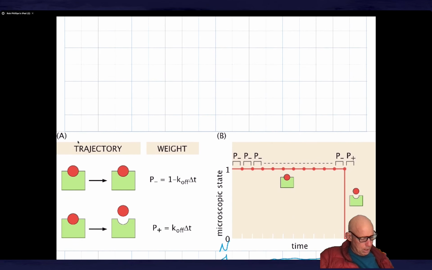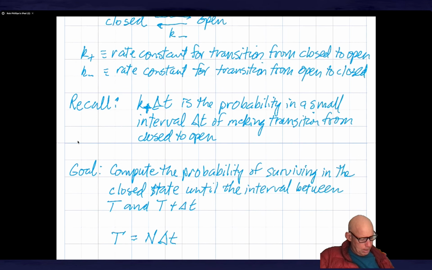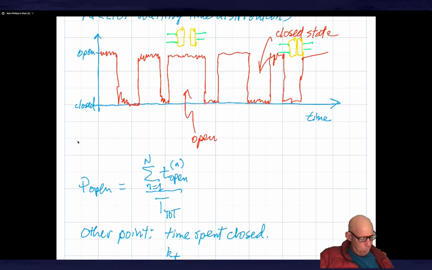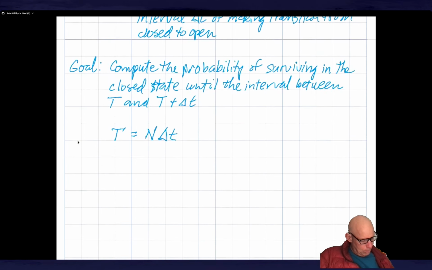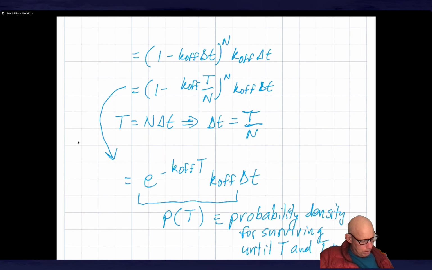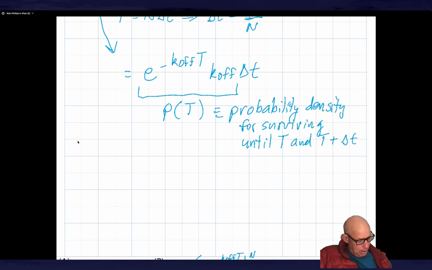In other words, what we've said is that the probability of a waiting time, capital T, is e to the minus k off times capital T multiplied by k off delta t. So this is a really deep and profound result, because what we've said is that we have an exponential waiting time distribution.